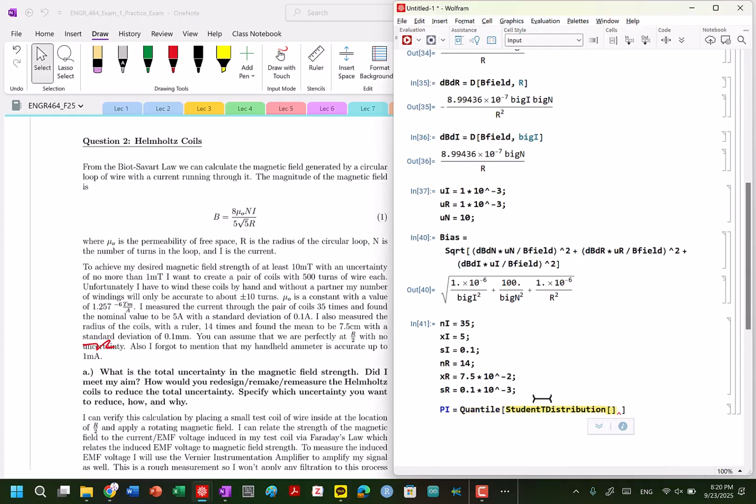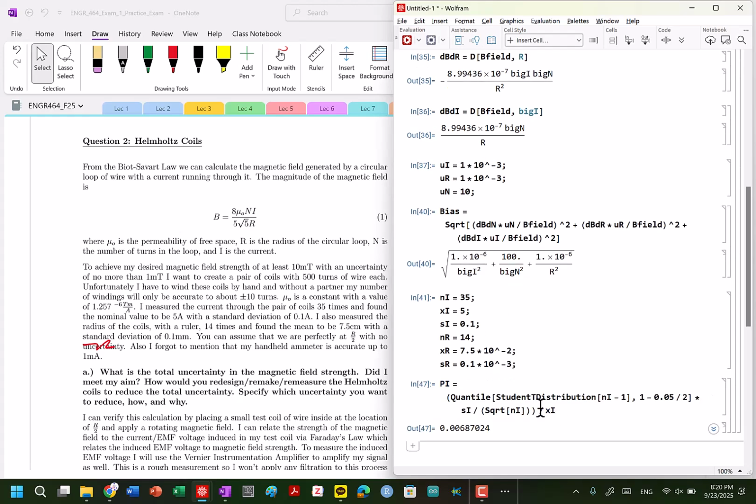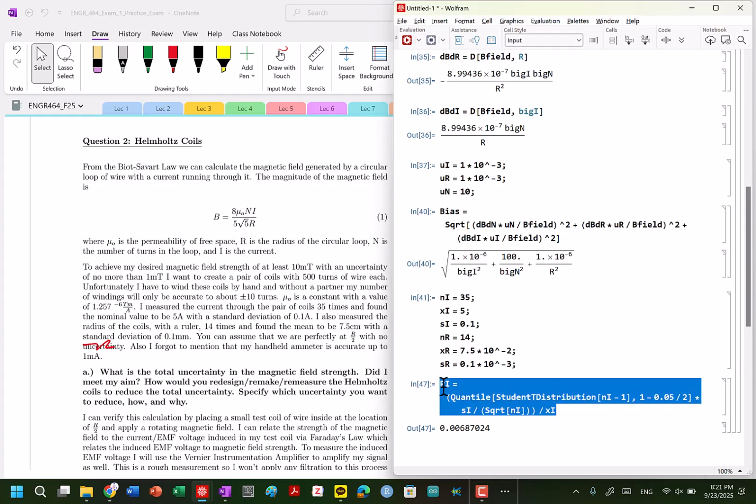We need to specify that it's going to be Ni minus 1, and then we're going to do 1 minus our alpha, which is 0.05 divided by 2, because it's two-tailed, times S of I divided by the square root of Ni. And then we're going to do that whole thing, remember, normalized by Xi. And there we go. So that's our precision error there.